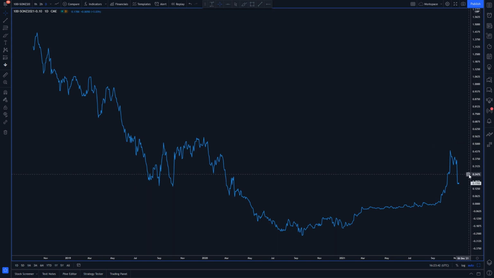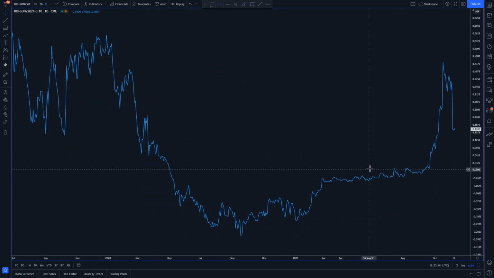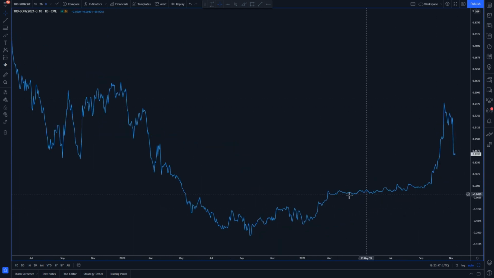It automatically does that calculation for me. So now when we look at the Sonia futures chart, it's going to move up if interest rate expectations are moving up, and it's going to move down when interest rate expectations are moving down. Normally they would be inverse, and that just caused a lot of uncertainty and confusion when we did these videos.